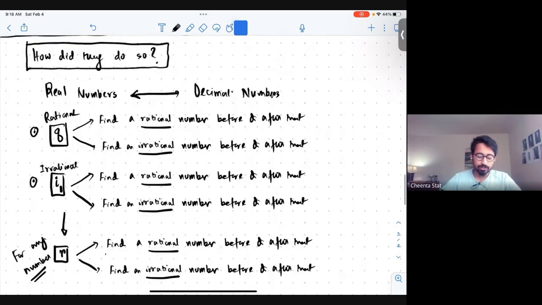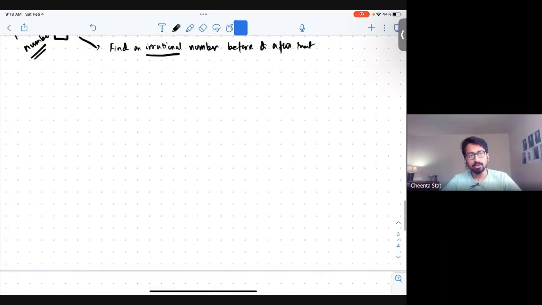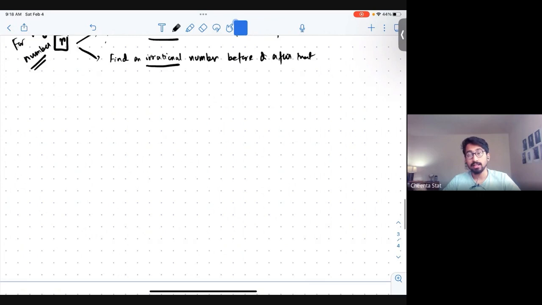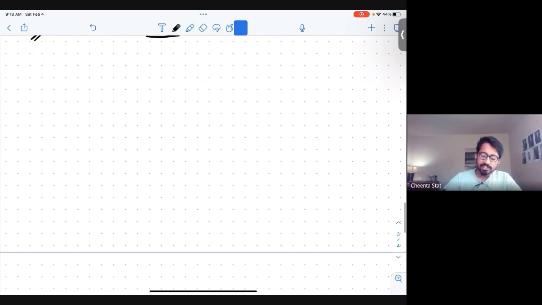The basic idea of the proof comes from, I think, Ronit, who shared his answer in the group when I asked that question. Take any decimal number. First of all, how do rational numbers look?